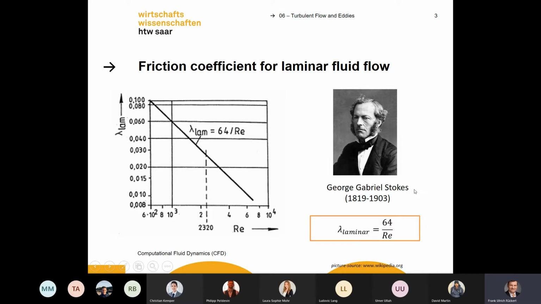This was first formulated by Mr. George Gabriel Stokes, and he described this friction coefficient in the laminar region by 64 divided by Reynolds. It's an easy description, so you can calculate your lambda value just by 64 divided by Reynolds if you are in the laminar region, below 2320.